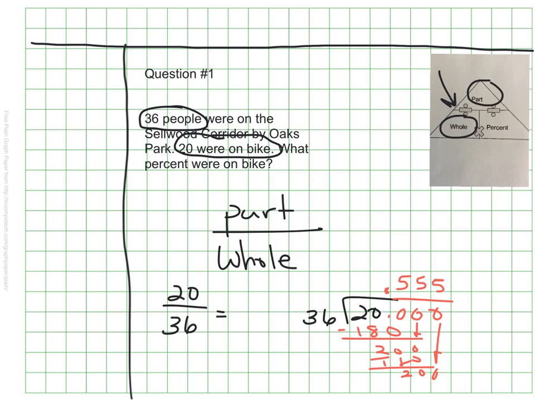In this instance, I see pretty quickly that I have a decimal with the 5 that keeps repeating. So I have my decimal here, but I remember that that's not quite my final answer. I'm looking for a percent. So I'm going to multiply this by 100, which means move my decimal over twice, and it's 55, and I'm just going to round this up here, 55 and 6/100ths of a percent. So about 56% of the people were on bike.